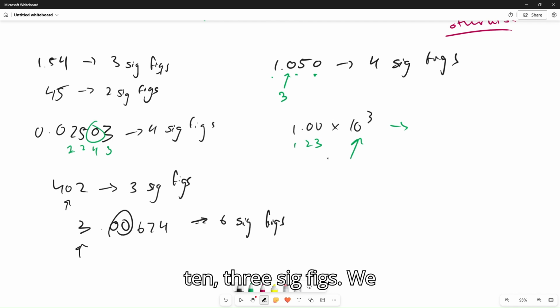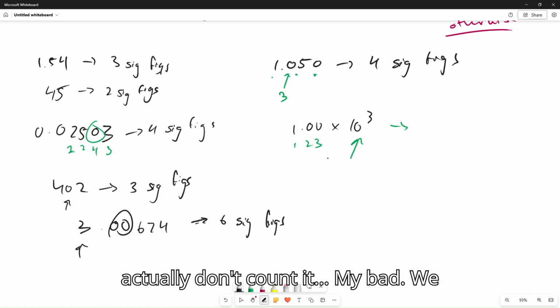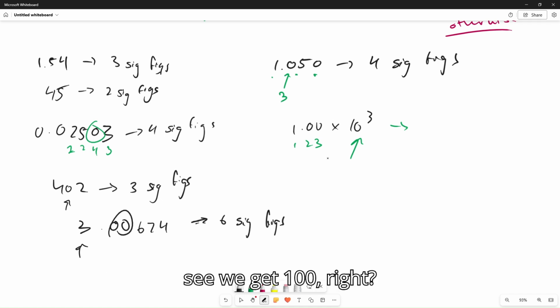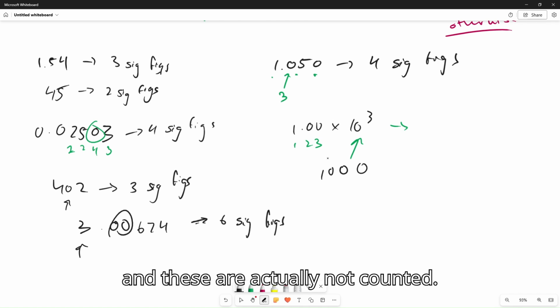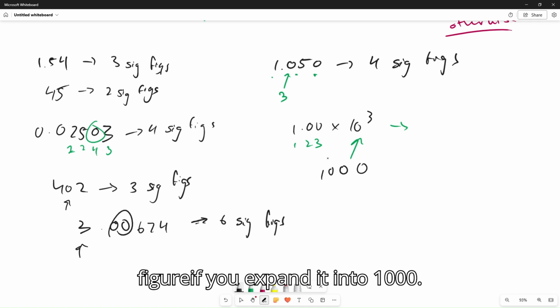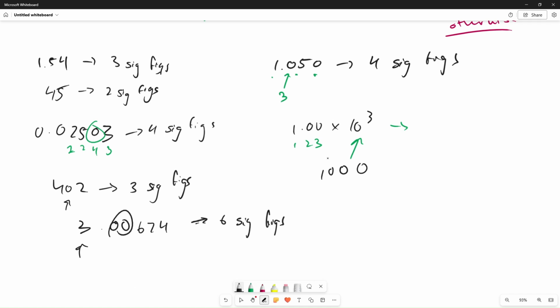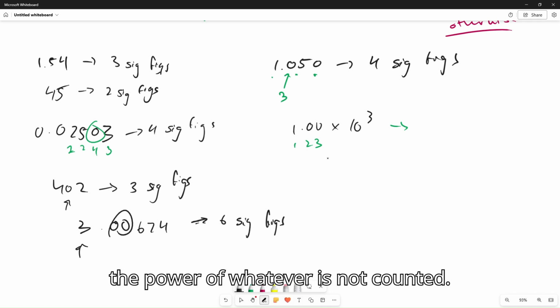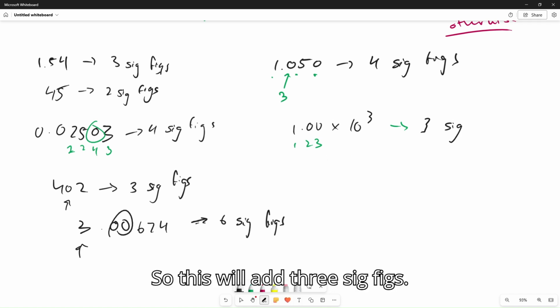We actually don't count it at all. When we multiply this out, we get 1000. 1000 has 1 sig fig, and these zeros are not counted. That means that this has 1 significant figure if you expand it into 1000. So keep that in mind when you're dealing with significant figures. In scientific notation, the 10 to the power of whatever is not counted. So this will add 3 sig figs.